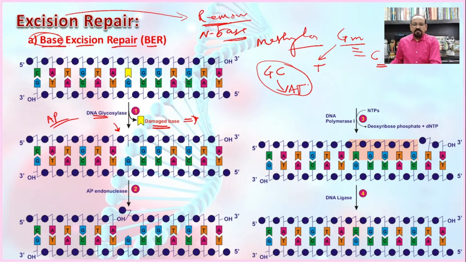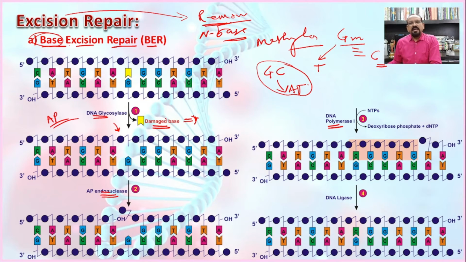At this time, the AP endonuclease acts to cut the backbone of the DNA molecule, so that a strand is formed which is cut at one end, and from that cut the DNA polymerase is involved in the synthesis of the correct nitrogen bases.